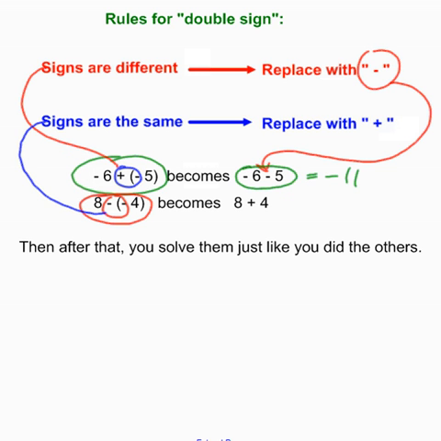So we're going to replace it with a positive. That double sign became a plus sign. So 8 minus a -4 became 8 plus 4. You probably don't need the number line to do that, but you could do it on the number line like we did in the last video, and you end up with 12.